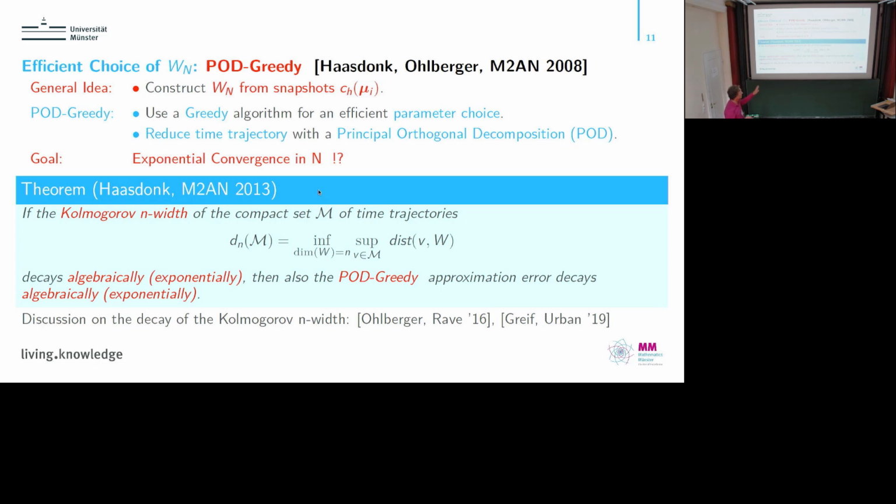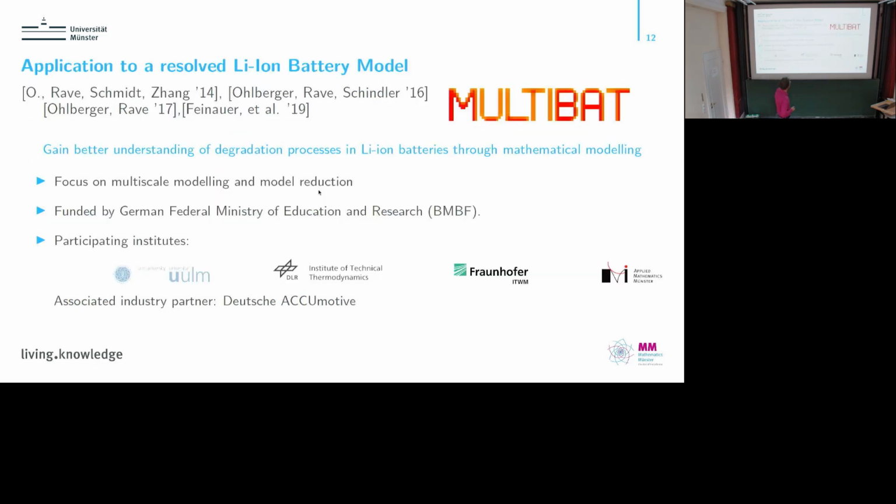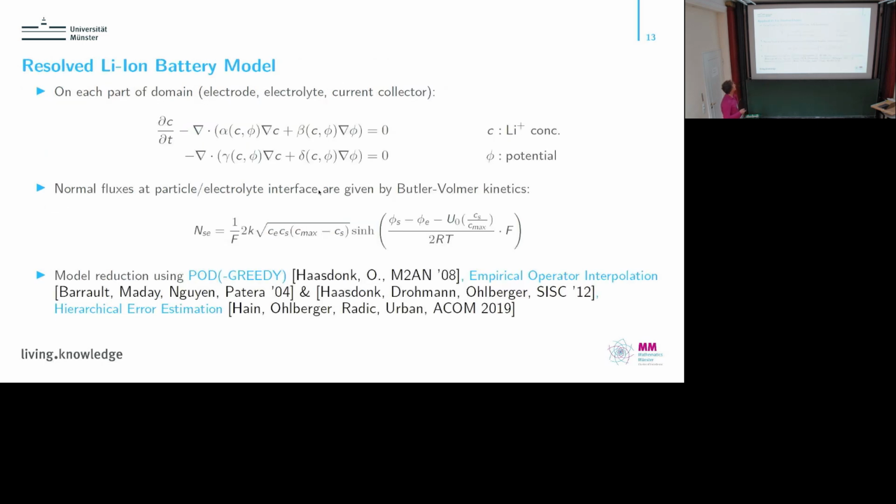And there are a lot of contributions which I will not talk about. So for the battery, we did simulations. So this is the model. This is a coupled system of PDEs for the lithium ions and the electric potential, where these coefficients have different material properties depending on whether you are in the electrolyte or in the solid state of the battery.